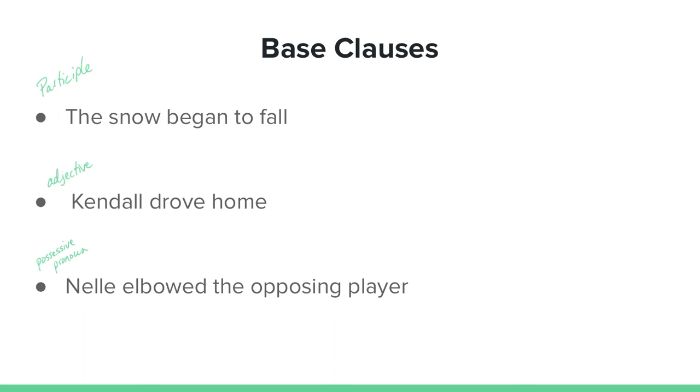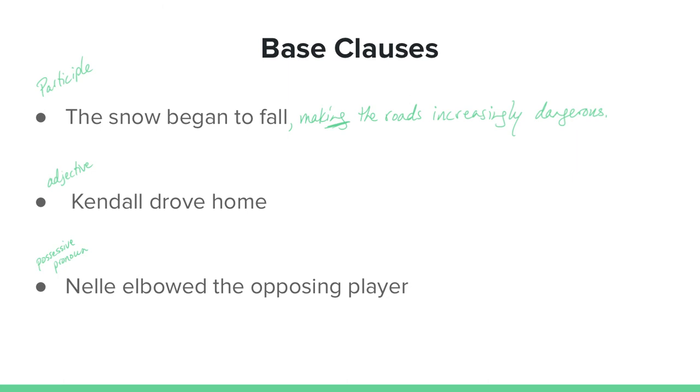This first one I'll do a participle version. The base clause is the snow began to fall, making the roads increasingly dangerous. So making is the participle, the ing verb-looking thing that's actually functioning as an adjective.